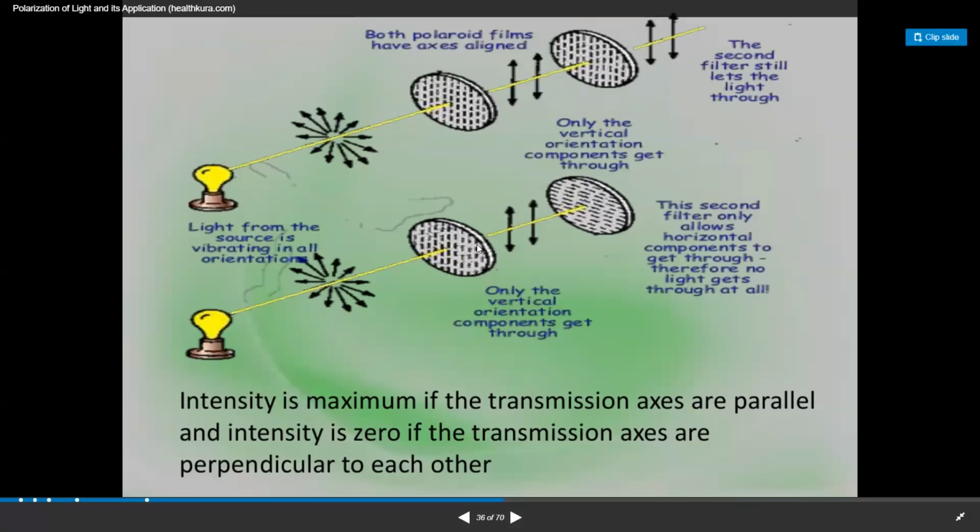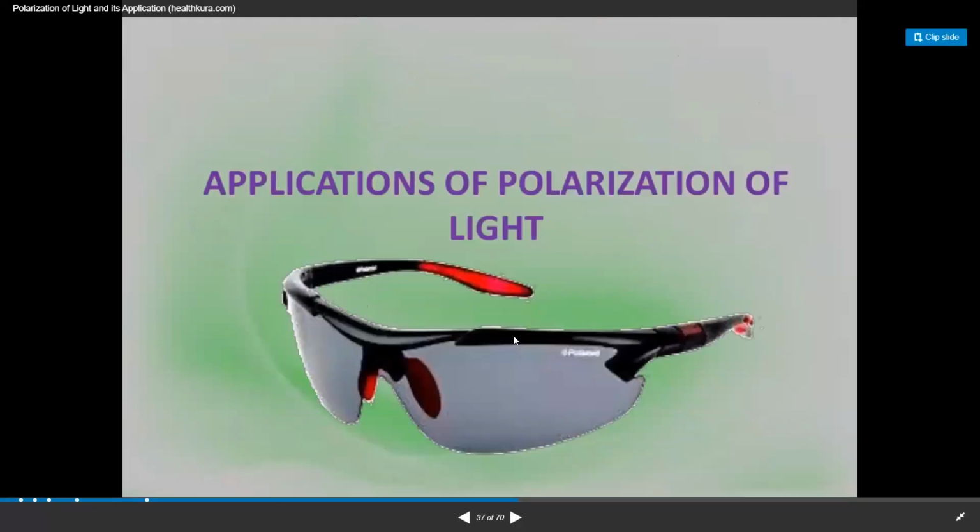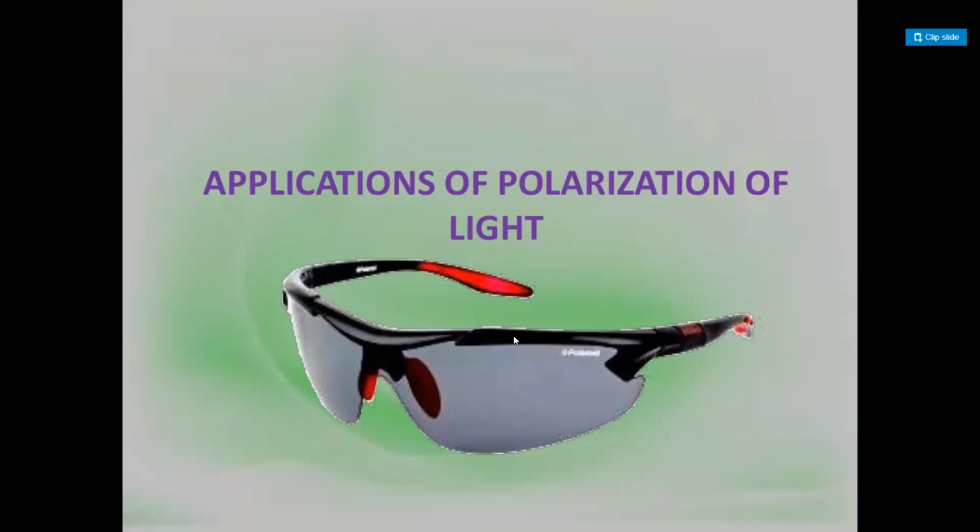If the analyzer is arranged in a horizontal position, we cannot observe light, because the light is in a vertical position but the analyzer is in a horizontal position. So the intensity of the light is zero at a perpendicular position. We clearly understand this through Malus law. And next, a very important topic, applications of polarization of light.